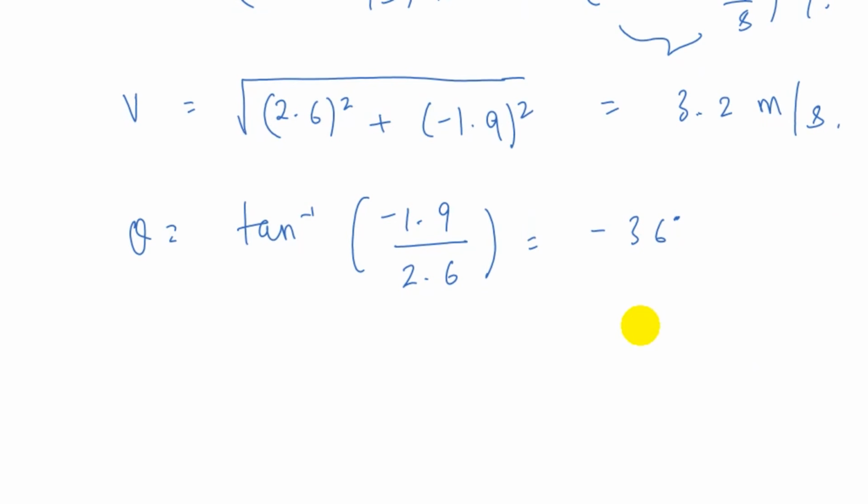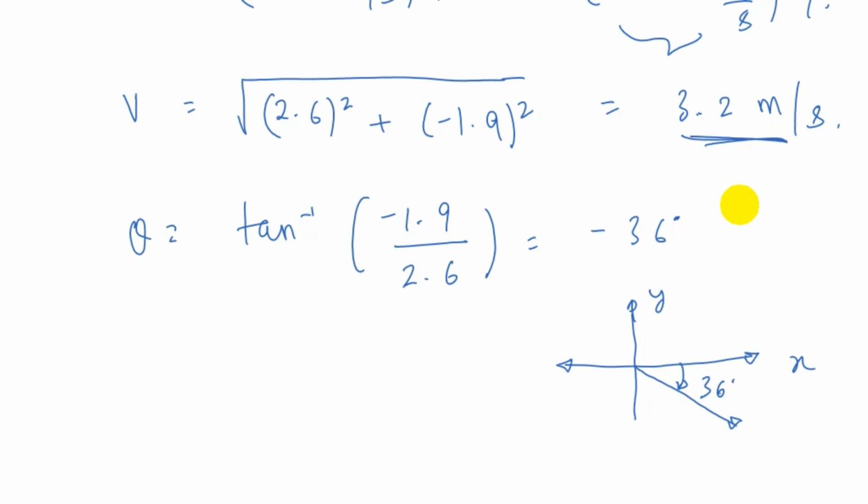Let me show it in the figure also. If this is the positive x-axis, this is negative, and this is the positive y-axis, then the direction of the velocity vector is something like that, and this is 36 degrees, and the magnitude of this velocity vector is this thing, which we call the speed, the instantaneous speed.